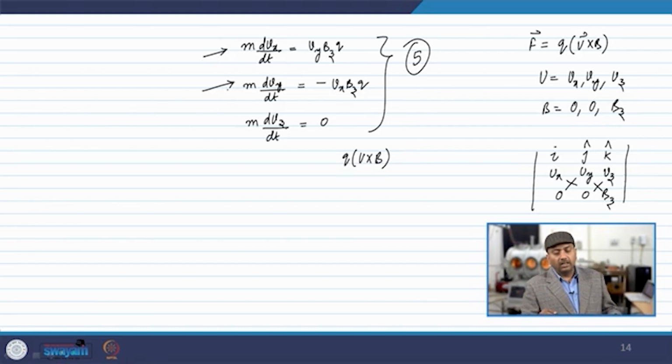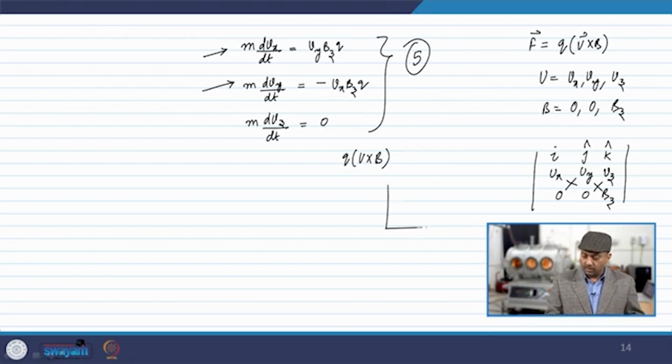One thing is, in the case of a uniform static electric field, we have realized things will happen only in the direction of the electric field. But what we have realized here is that along the direction of the magnetic field, the velocity will remain a constant, but it will not remain a constant along the other directions which are perpendicular to the Z direction.